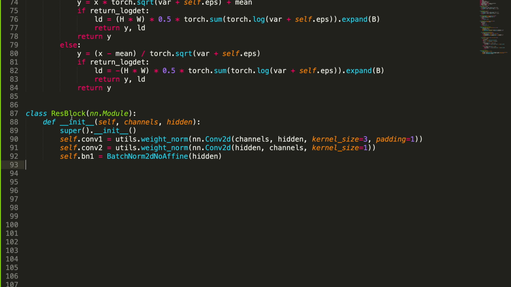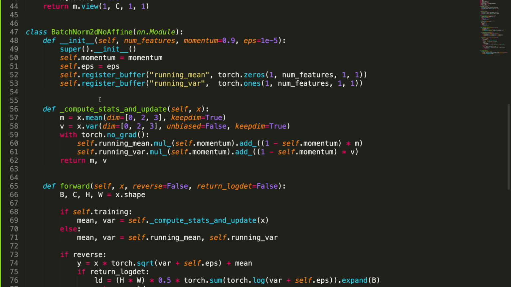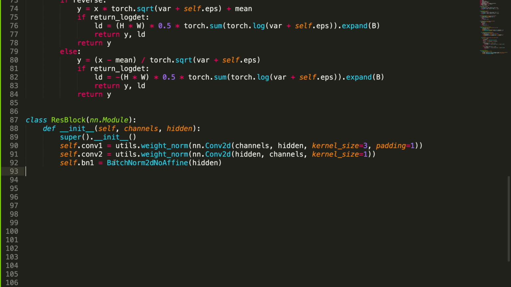And I can also use batch normalization in this res block. Here, because we've implemented this batch normalization, we're reusing it. But here we could use any normalization layer. We could also use batch normalization with the parameter gamma and the parameter beta, okay, with the affine parameters. Here we really have no constraints.